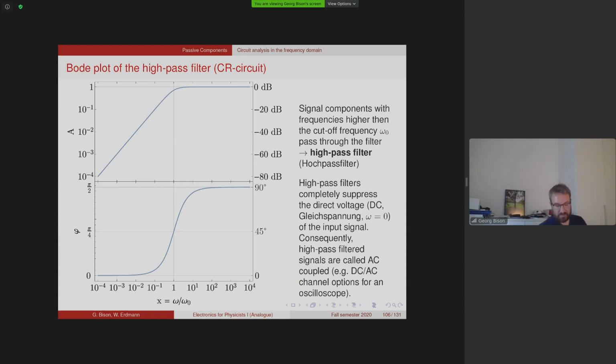This is, for example, the case for your oscilloscopes where you can switch between DC and AC coupling. If you activate AC coupling, nothing else happens than just activating a high pass filter between the input of the oscilloscope and the display and recording part.